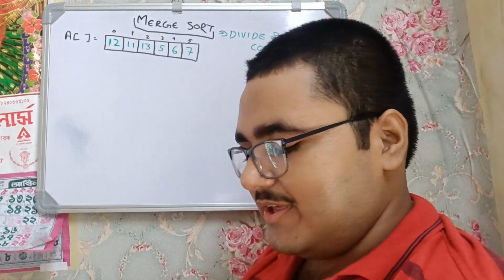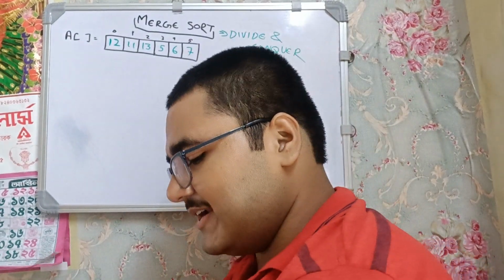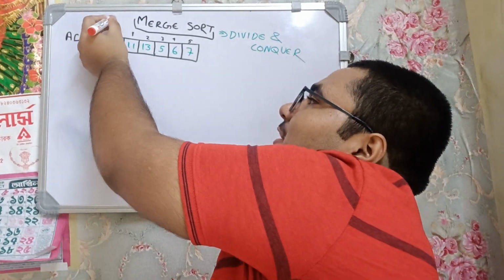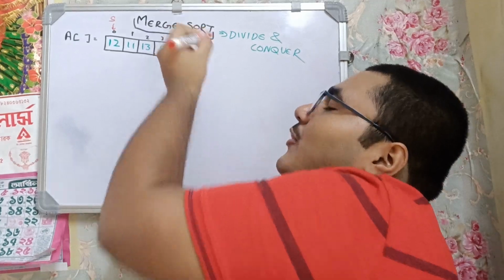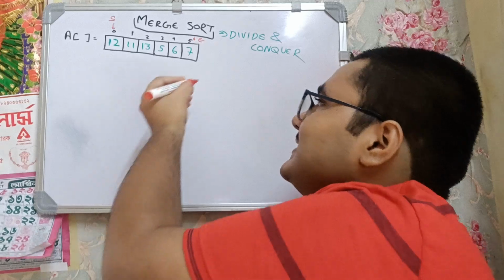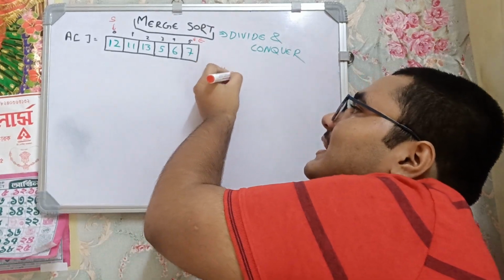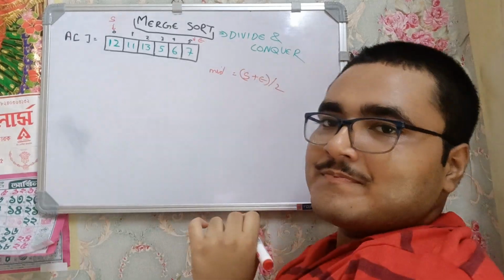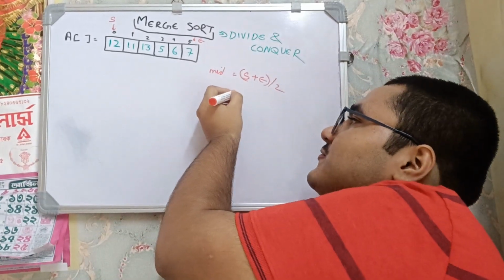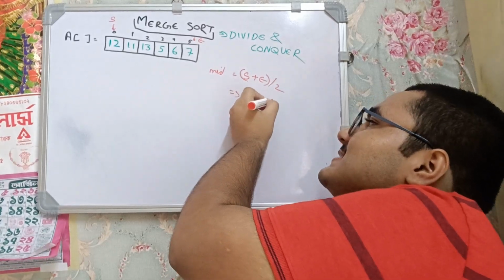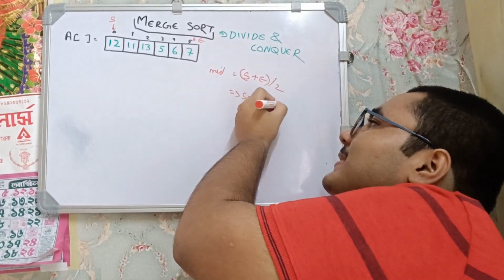If index 0 is my starting point and this is my ending point, then how do we calculate the mid? Mid is start plus end by 2, or in an optimized form you can also write it as start plus end minus start by 2.